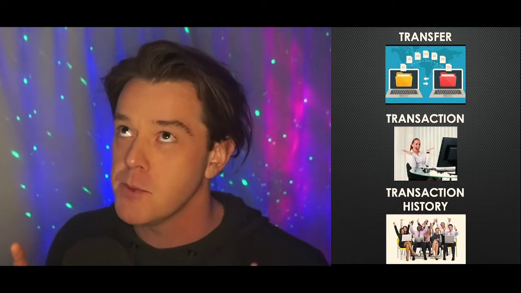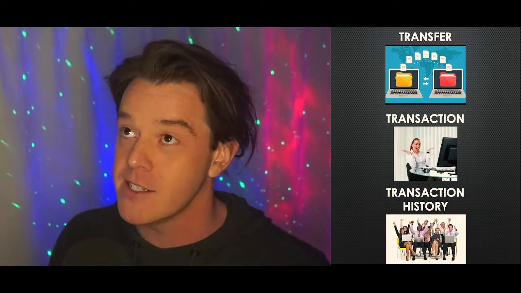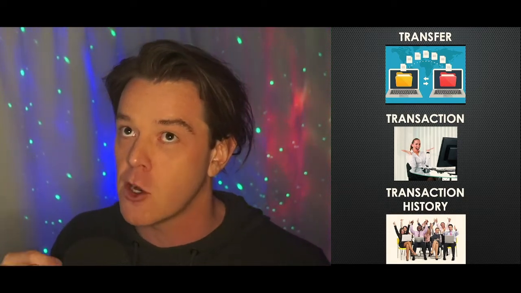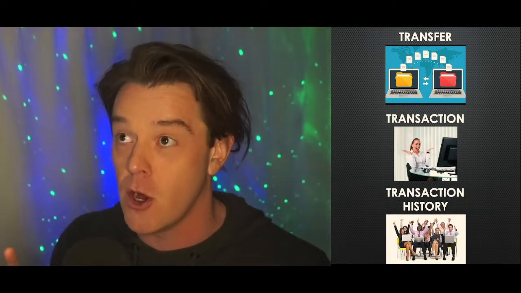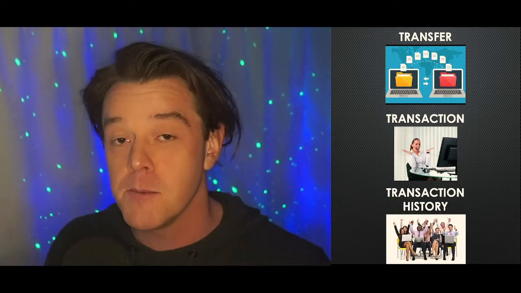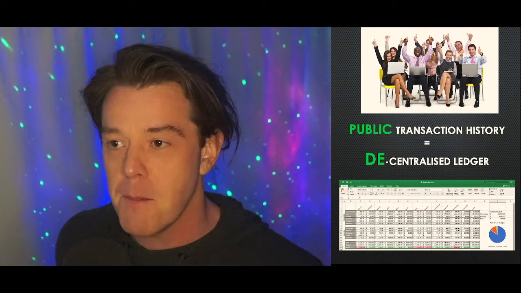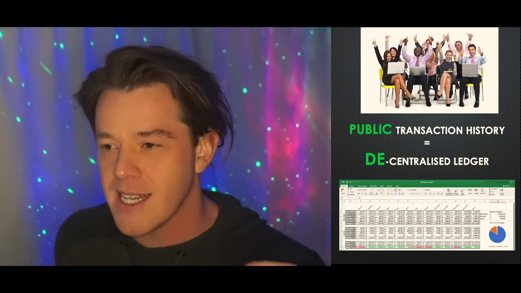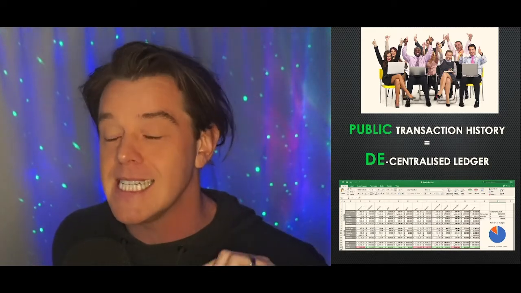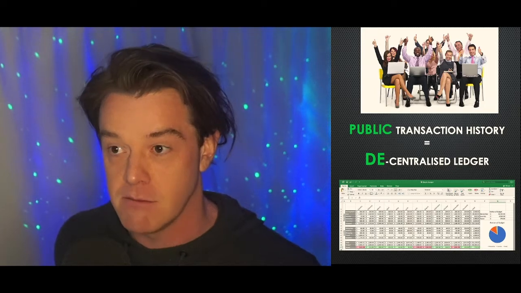So there's 1 billion computers, 1 billion connected to the same network, which means a copy of my transaction is now on 1 billion computers. You got it? So that means that the public transaction history equals the decentralized ledger.